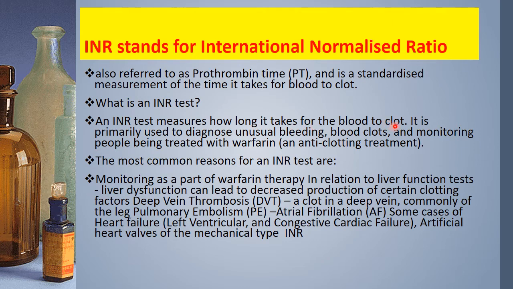because liver function problems may lead to a decrease in the production of certain clotting factors. And those types of patients may also complain of DVT, deep venous thrombosis, pulmonary emboli, atrial fibrillation, heart failure, whatever it is, all of it is going to affect the mechanical types of INR.